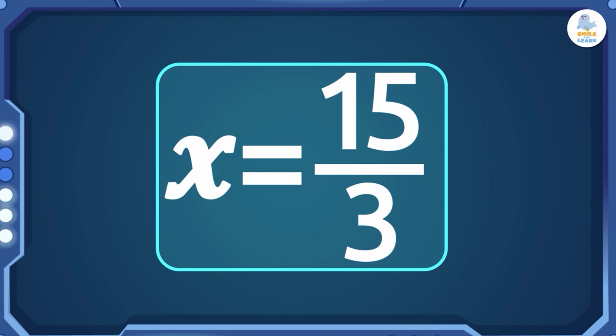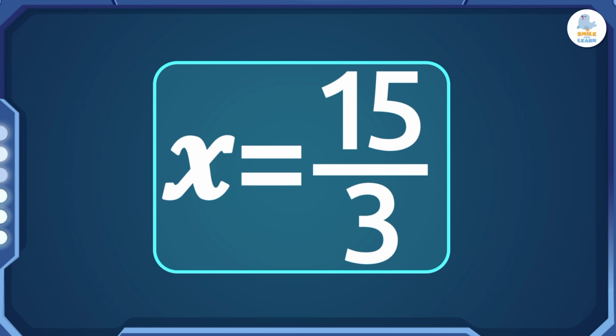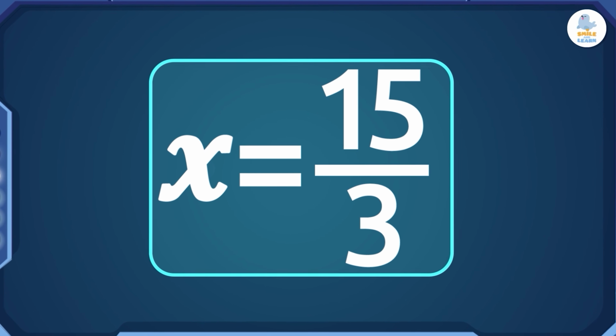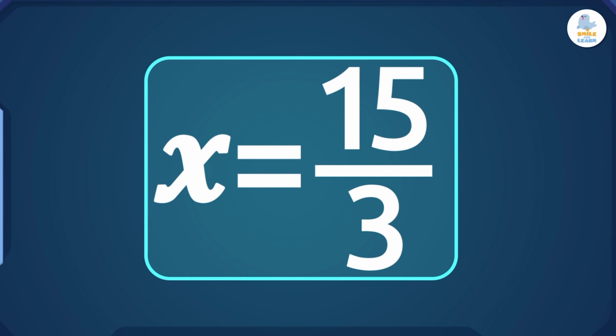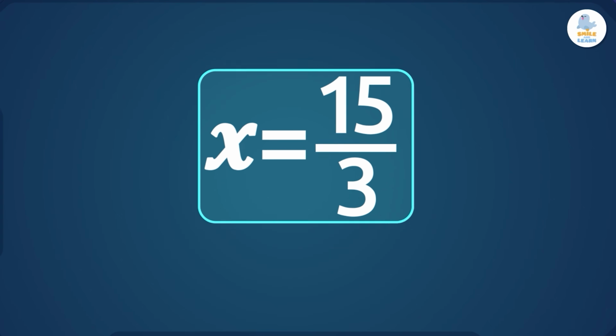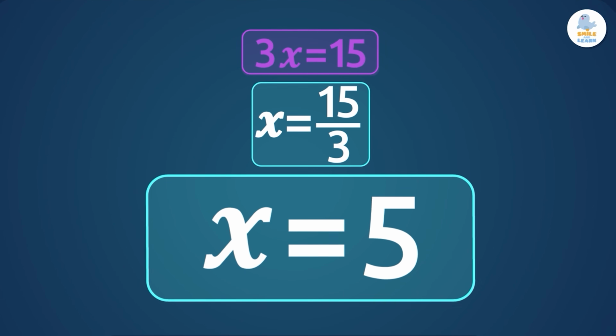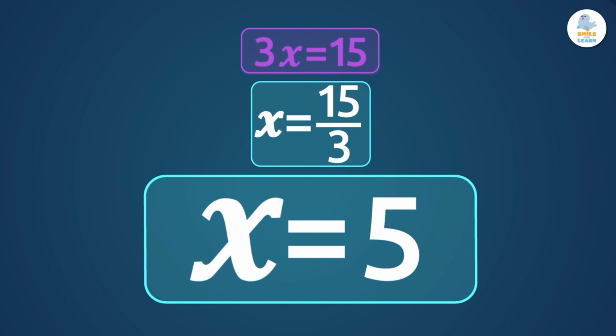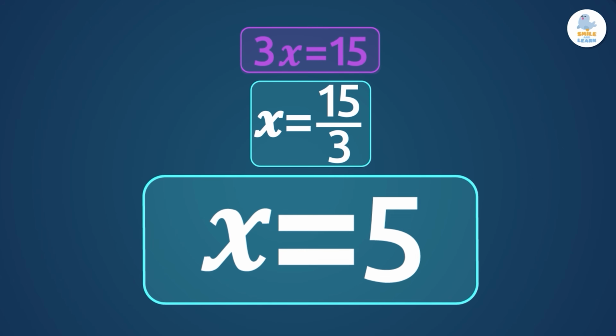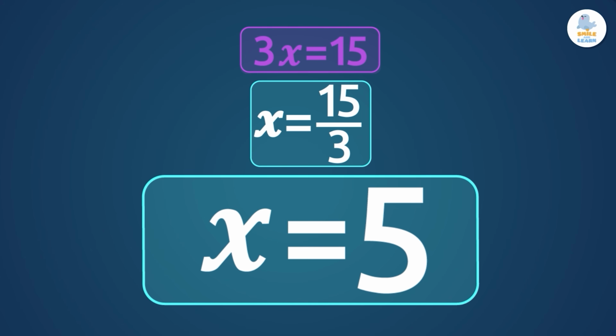Look at it now. X equals 15 divided by 3. If we solve the division, 15 divided by 3 gives us 5. So x equals 5. See how the x is all alone? That's what isolating the x means.